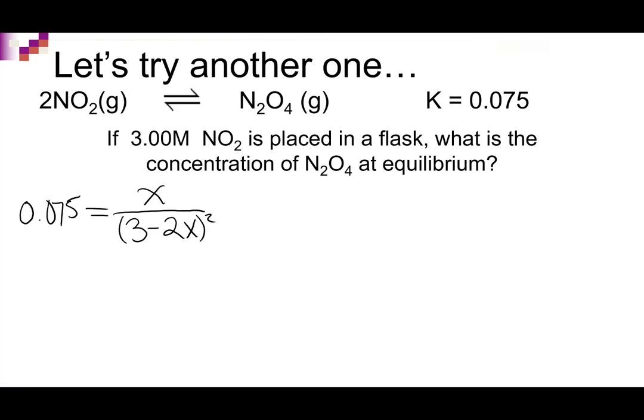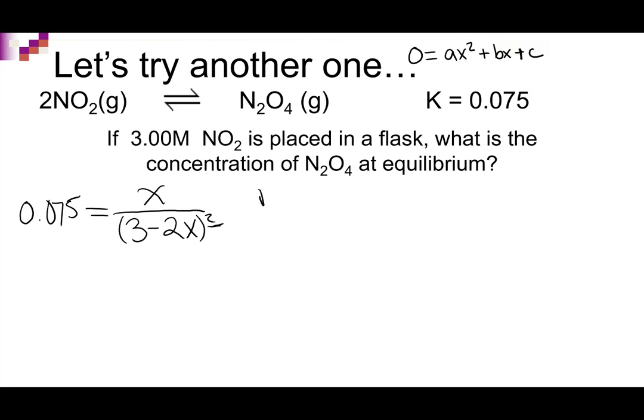All right, so quadratic formula. We've got to get it looking like this: ax squared plus bx plus c. Well, the first thing I'm going to do is take care of this squared on the bottom.